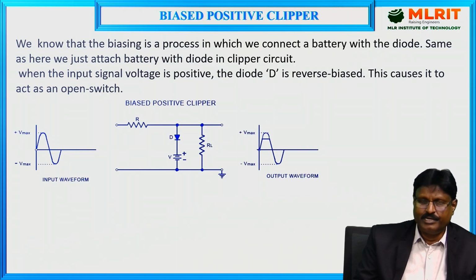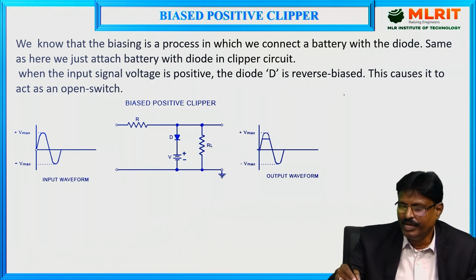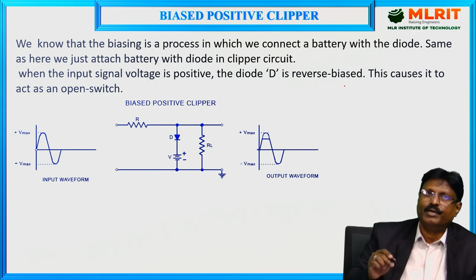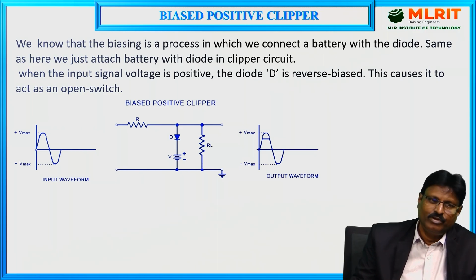Okay, the next type is called the biased positive clipper. Up to now, we had seen the positive clipper and negative clipper, where the total positive peaks are clipped in some cases and the total negative peaks are clipped in some cases.